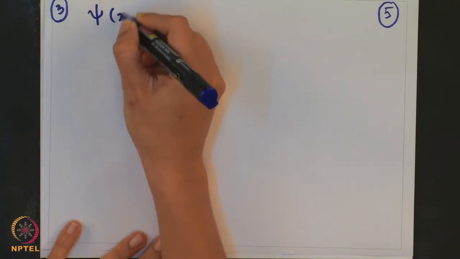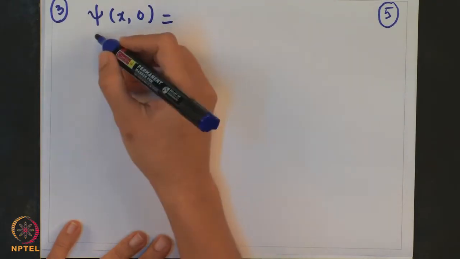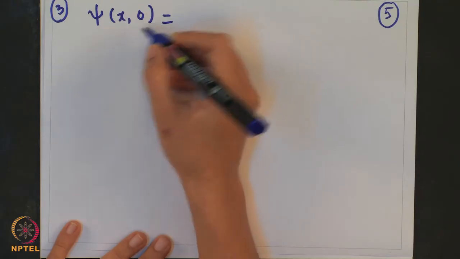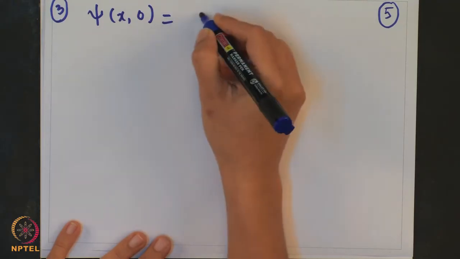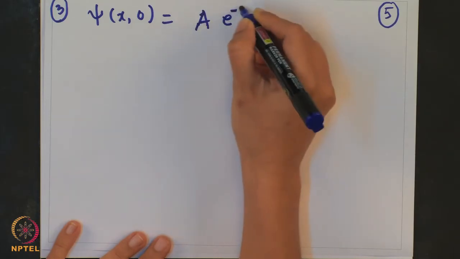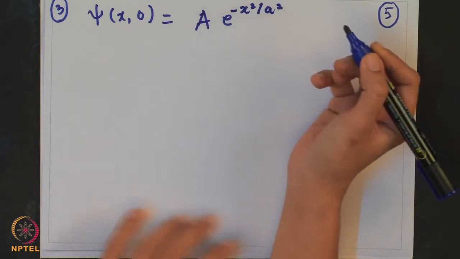Now, here again you are given a wave function which is time independent, because I have psi x comma 0 which is a e raised to minus x square upon a square.